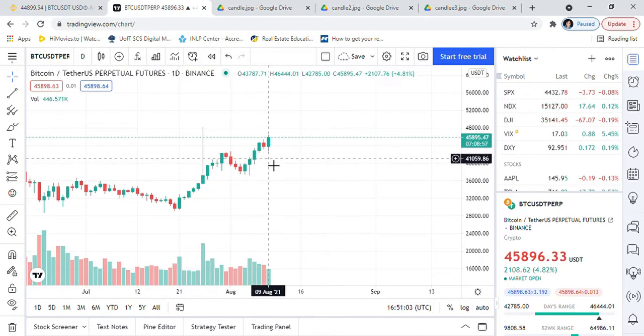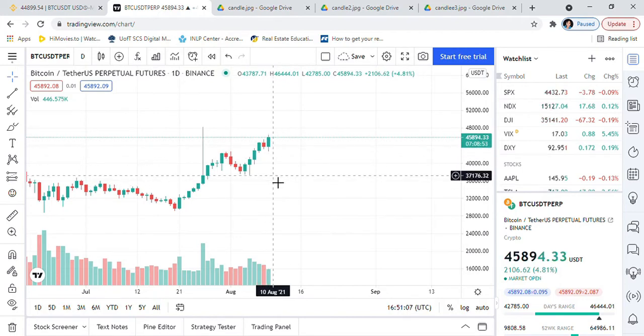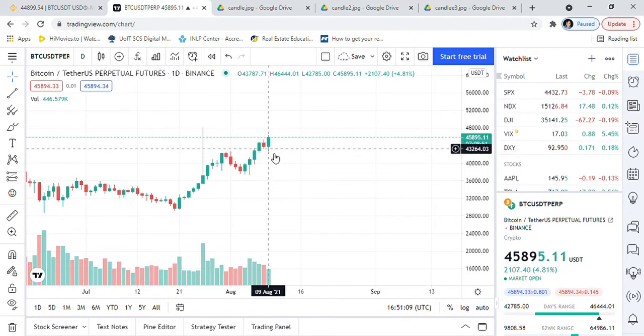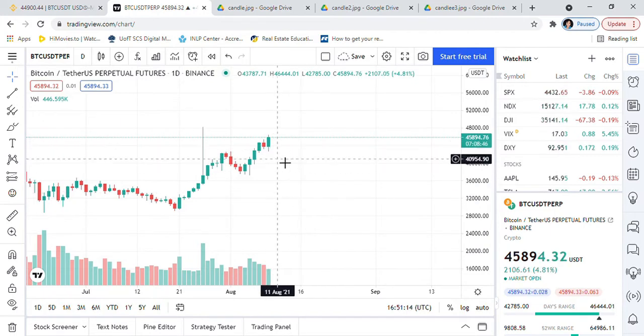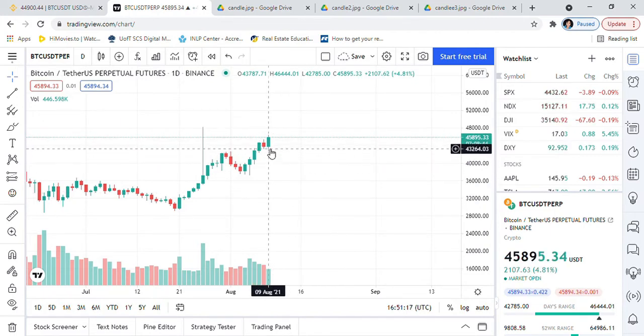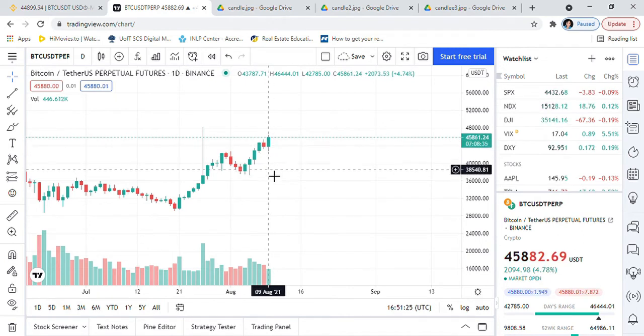When I look at this daily candle, I try to see what the price is. Is it a red candle? And I see if there's any wicks. If there's a big wick at the bottom, and the candle is still blue, it tells me that the price tried to go this low, but then it got rejected, so it went back up.